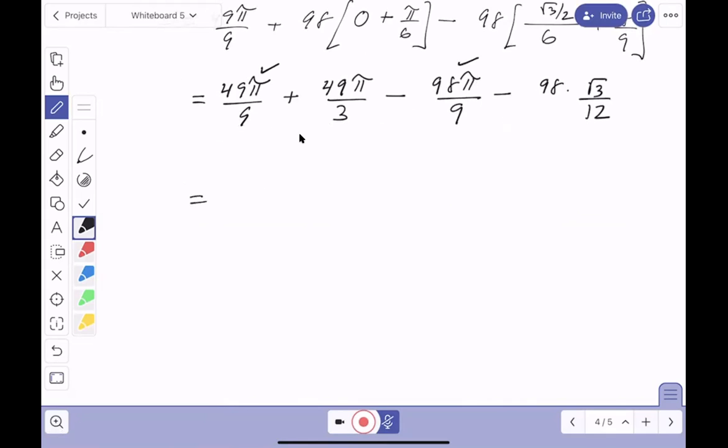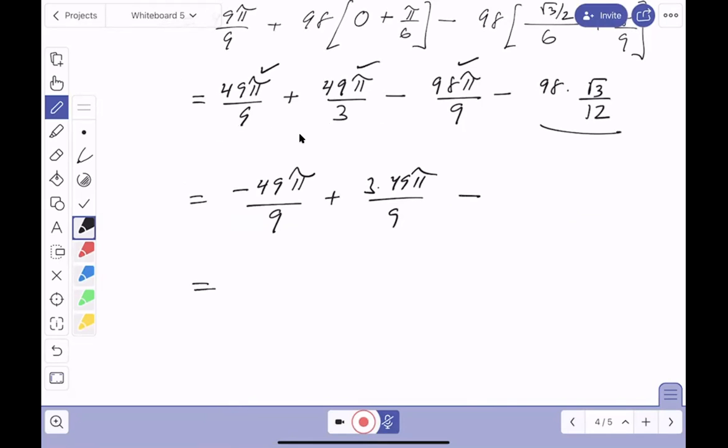I'm going to combine these two terms together. And that would be minus 49 pi over 9. This is going to be 3 times 49 pi over 9. I'm just doing that. I'll do the last guy. I'll do this guy later.